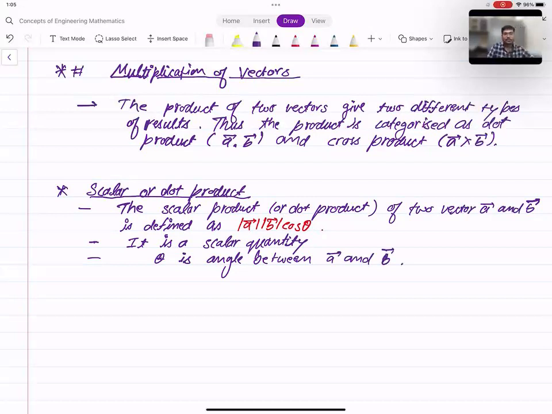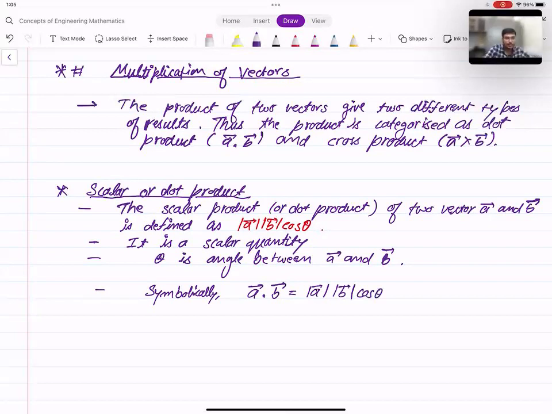So symbolically, this is written as vector A dot vector B is nothing but the magnitude of vector A multiplied by magnitude of vector B multiplied by cos theta.